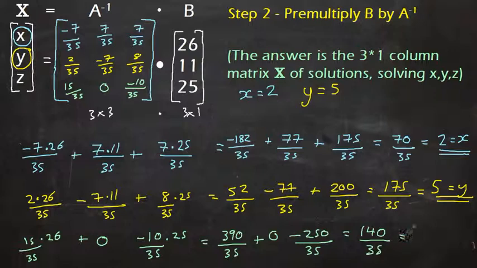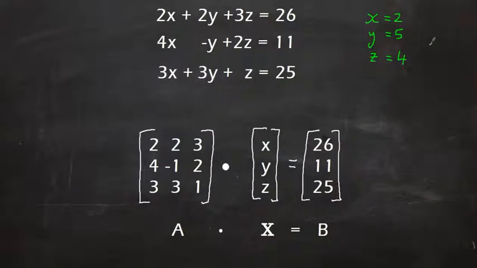And that goes exactly 4 times, because 4 30s are 120, 4 5s are 20, 120 and 20 is 140, so that is equal to 4, which is equal to z. So we were now solving for z, and we've got that. So z equals 4, which is exactly what we were expecting, and that was the same answer as we got using row operations and the Gaussian elimination method.